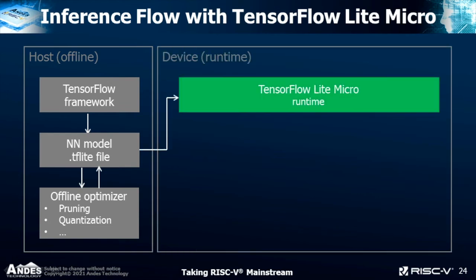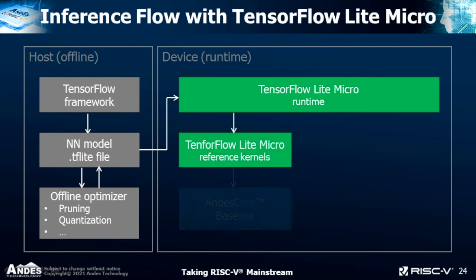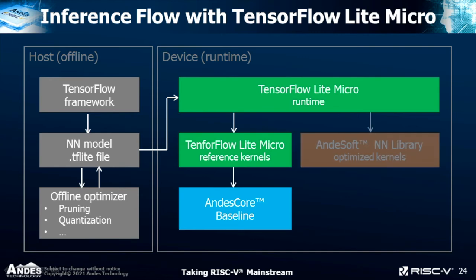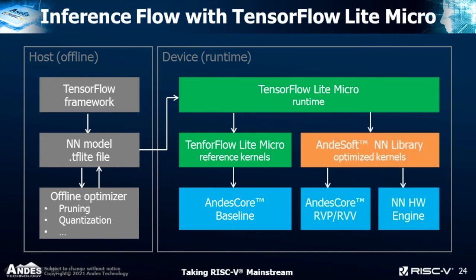Third, we compile the optimized model with the TensorFlow Lite Micro runtime and the built-in reference kernels. Then we get an executable to run on an Andes RISC-V processor. Fourth, to utilize the RVP and RISC-V hardware performance, instead of the built-in reference kernels, developers can use the AndeSight Library to get outstanding performance.